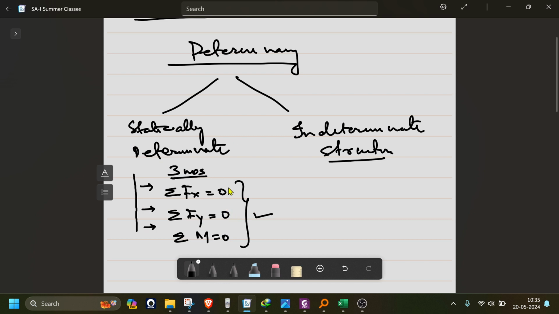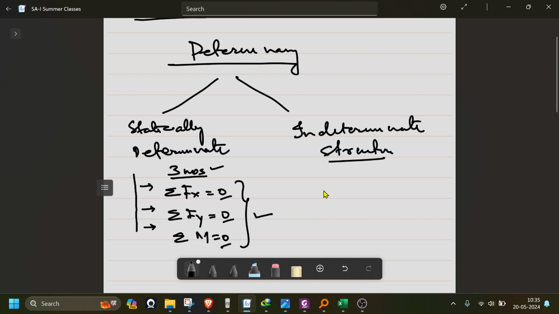topic. So we have three equilibrium equations, right? Summation fx equals to 0, summation fy equals to 0 and summation of moment equals to 0. So statically determinate structures are those structures which we can solve using these three equilibrium equations, right?